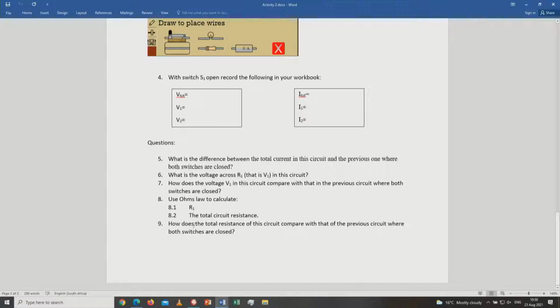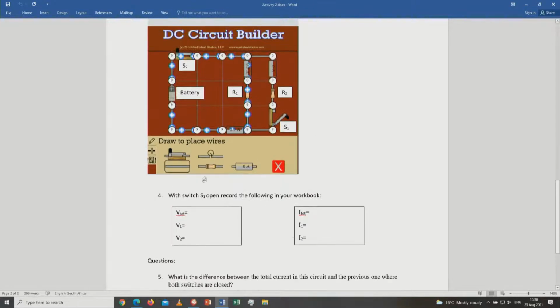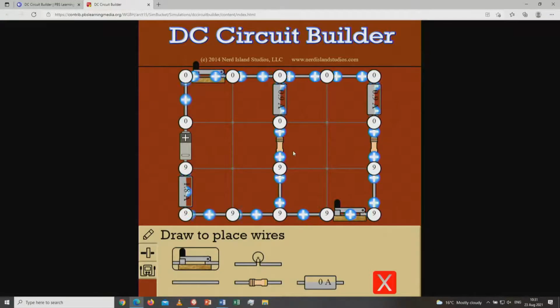The last question says, how does the total resistance of the circuit compare with that of the previous circuit? In other words, how will the total resistance of this circuit compare to the total resistance when switch S1 was closed? Let's look at these relationships and see if we can make any observations.